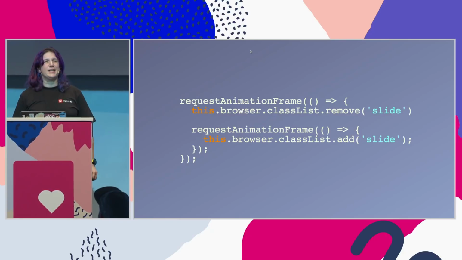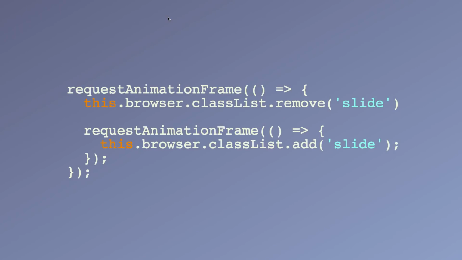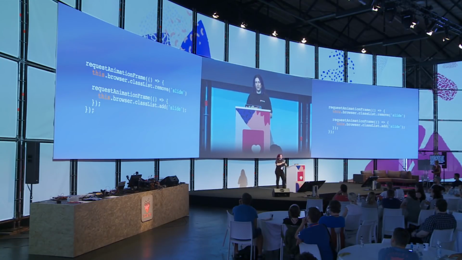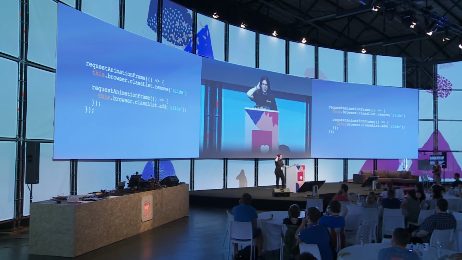Well, I'm using it here to run the animation of the browser window running into the pipeline. So I have my browser window and my pipeline. I remove a class, which resets the frame. And then I add the slide class to the window, which makes it slide down through the magic of transitions.